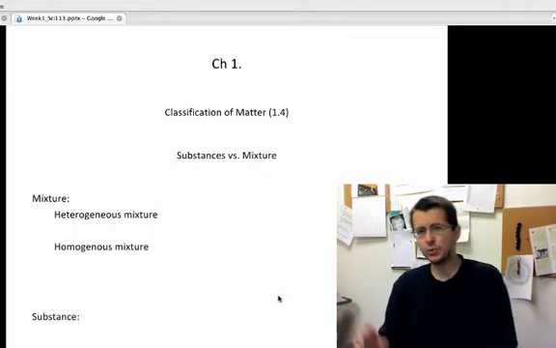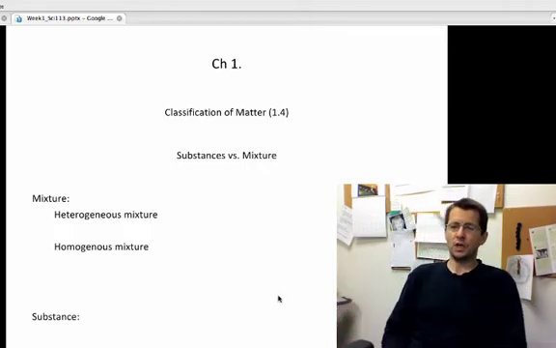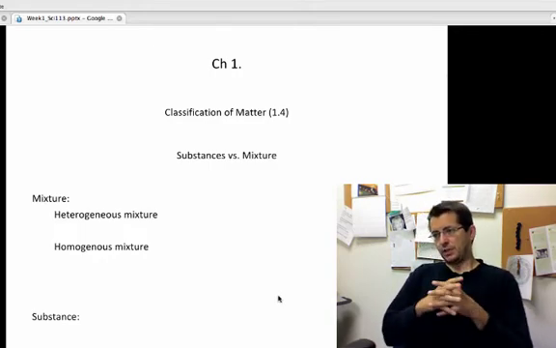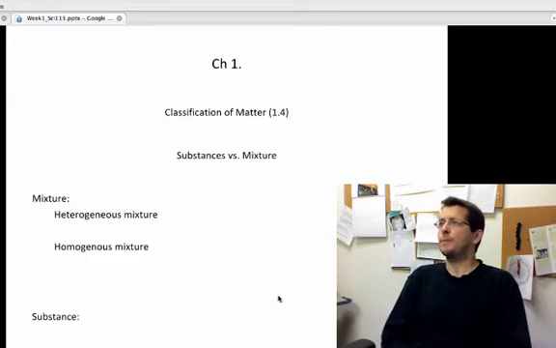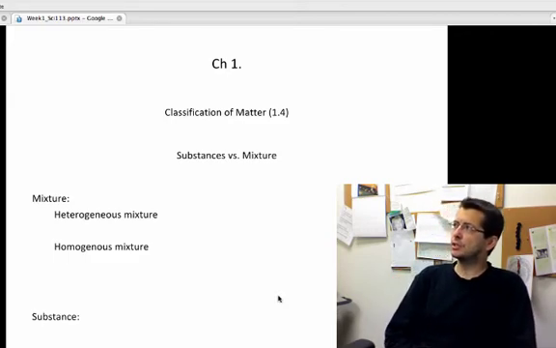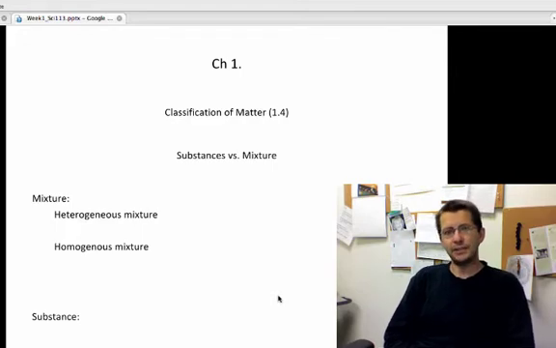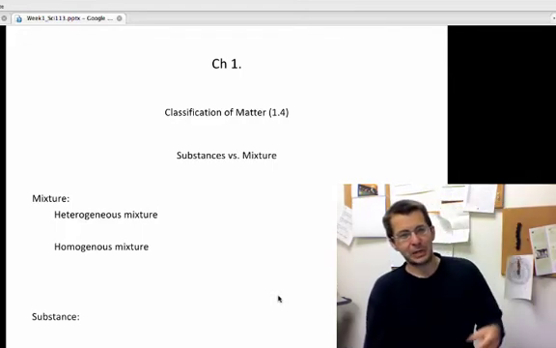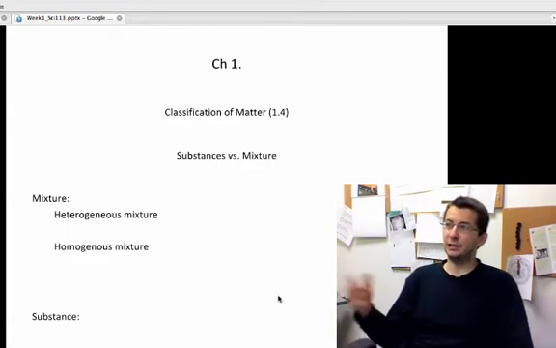So using these two tools, physical properties and chemical properties, we can start to classify matter, and we can start to classify our mixtures. Most mixtures, again, come in two different categories: heterogeneous mixtures and homogeneous mixtures.